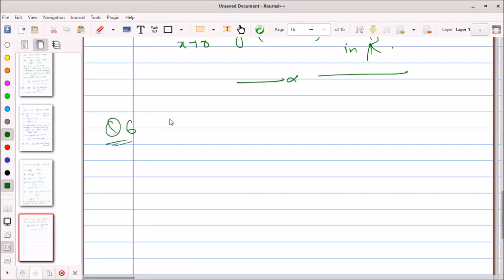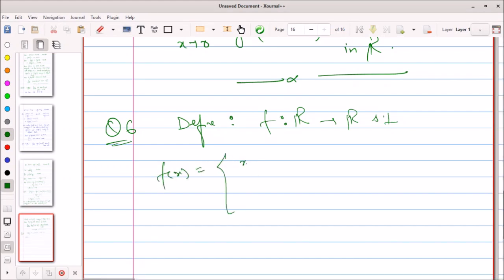So for question number 6, let us define f from R to R such that f of x is equal to (x minus 1)(x minus 2)(x minus 3) if x is rational, and 0 if x is irrational.